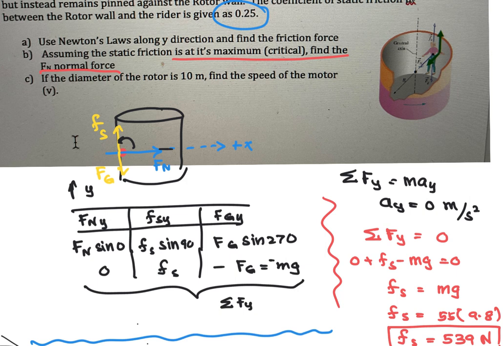Then, if the diameter of the rotor is 10 meters, find the speed of the rotor. Remember, what we have here is not the radius, it is the diameter.